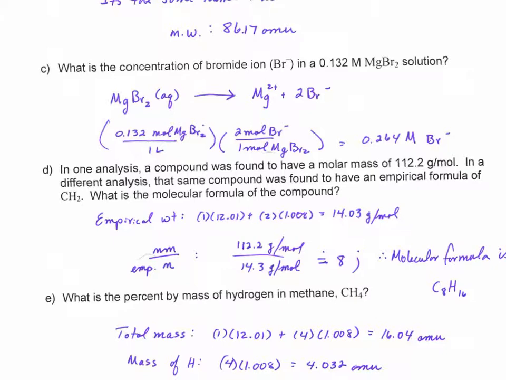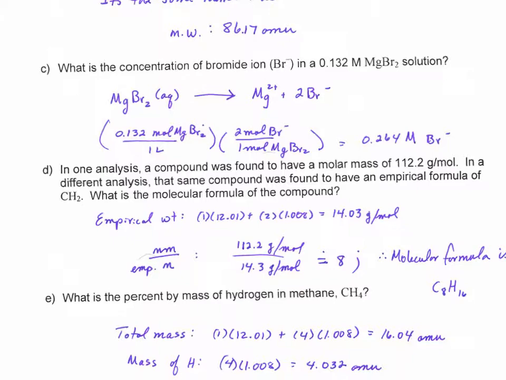You can do this if this information is given. Basically, you find the weight of the repeating unit, 1 carbon and 2 hydrogens, that's 14.03, and you see how many repeating units of that are in that particular compound. If you divide the 112.2 by 14.03, you get 8 repeating units. So scaling it up must be C8H16.